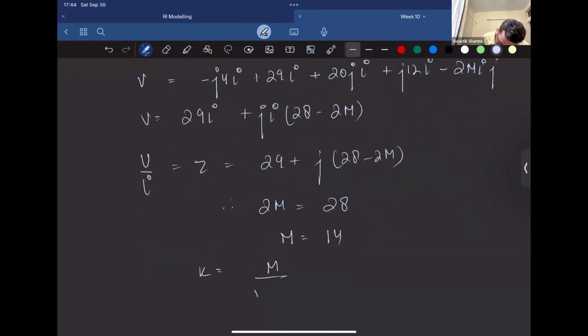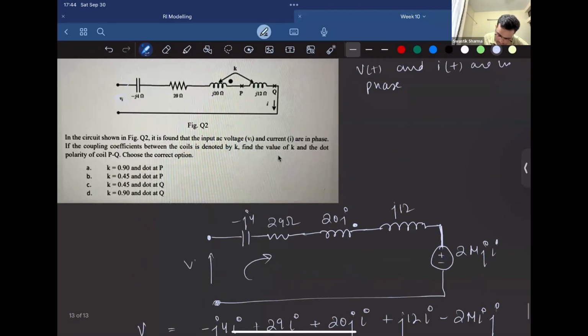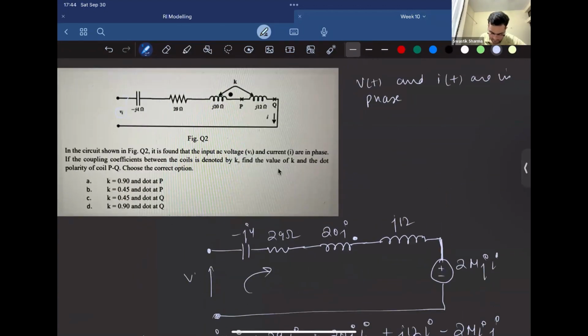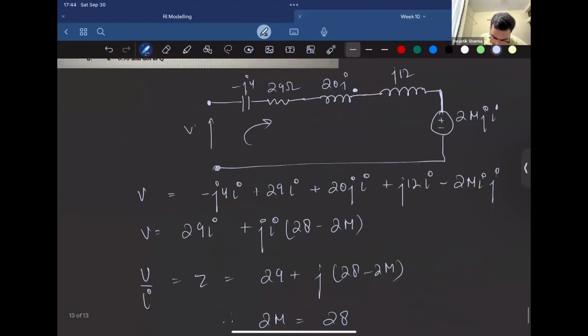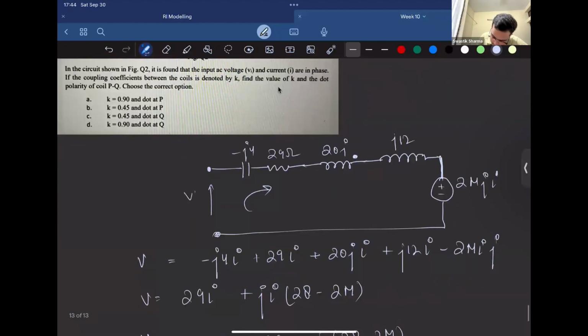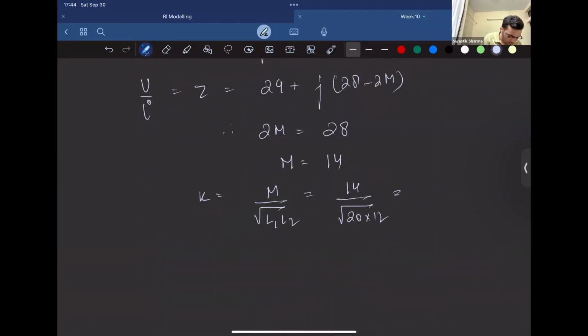So now we can calculate the coupling factor. It is nothing but M upon under root of L1 L2, which comes out to be this. Okay, so J omega L, right? Omega will anyways get cancelled, so we don't have to worry about that. So it's 20 into 12, right? So you must be thinking that I simply multiplied it.